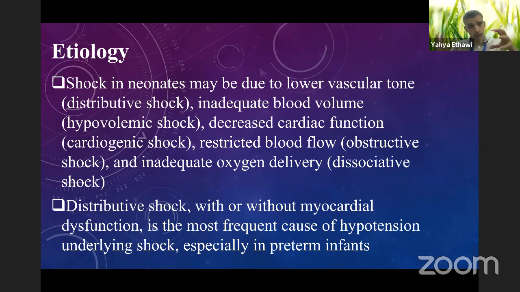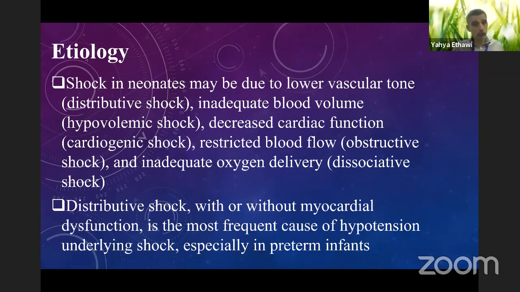So if the tone is not okay, the blood vessels will have a problem with the delivery of nutrients and oxygen to the tissue. If you have a problem with the pump, you will get the same. If both are okay, but the content is not there, then you are not okay. So shock is either low vascular tone, what we call distributive shock, or inadequate blood volume, hypovolemic shock, or decreased cardiac function, cardiogenic shock.